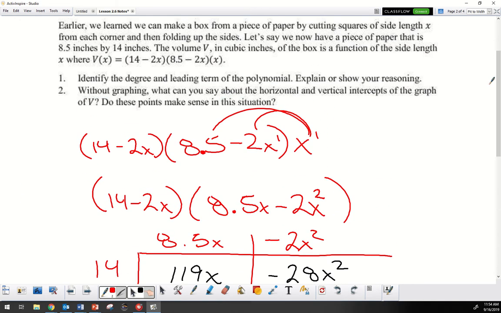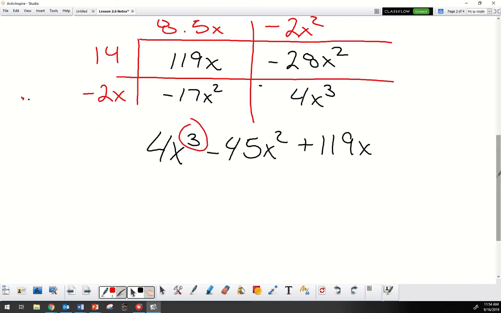The leading term is 4x cubed. The leading coefficient would be the 4. The term of the polynomial is 4x cubed. The degree of the polynomial is 3.